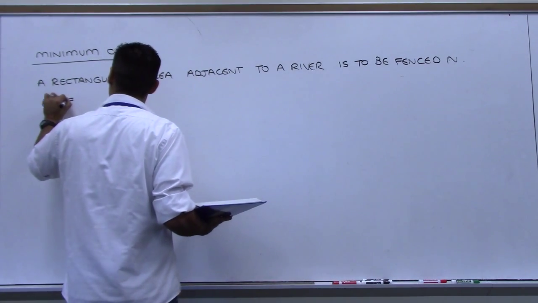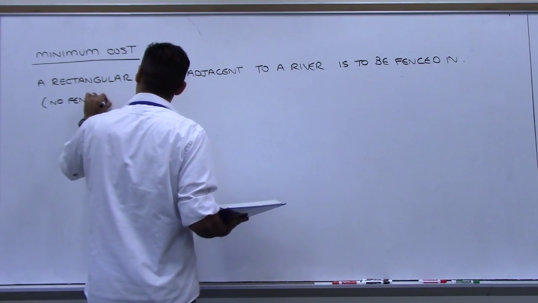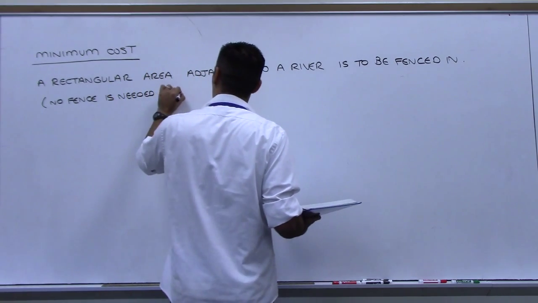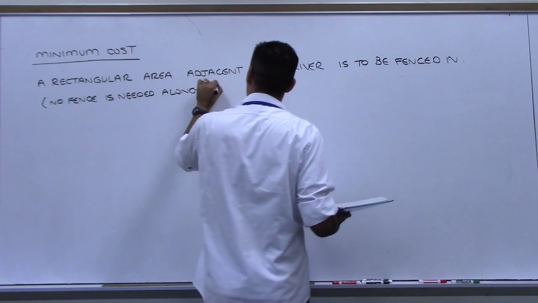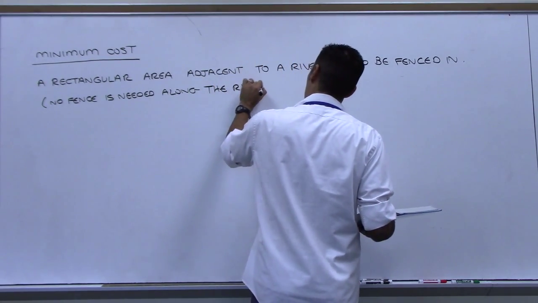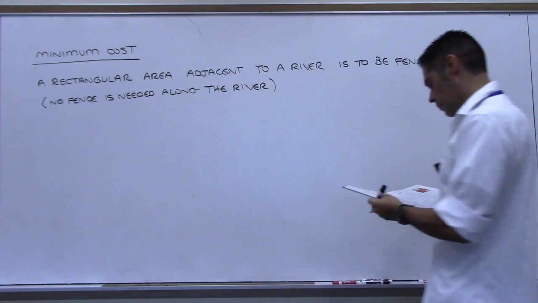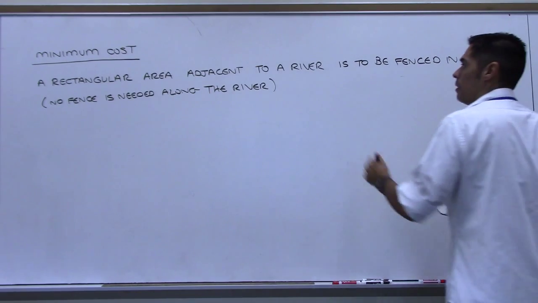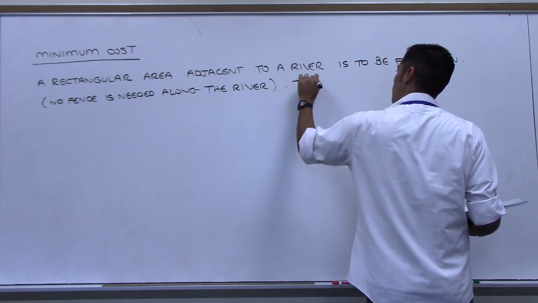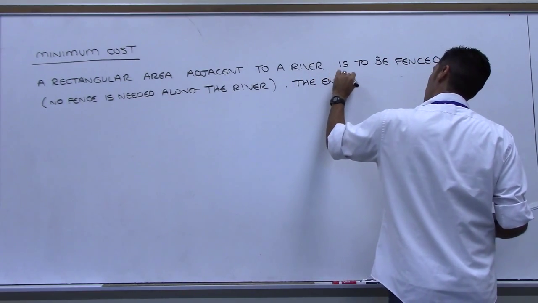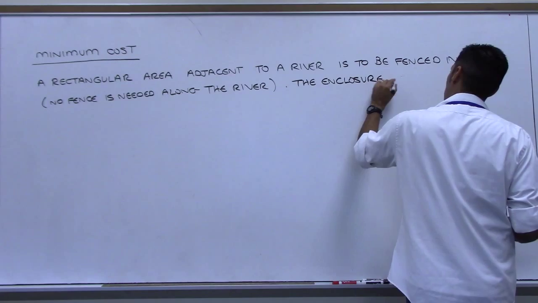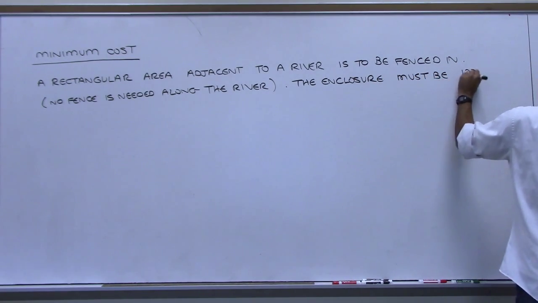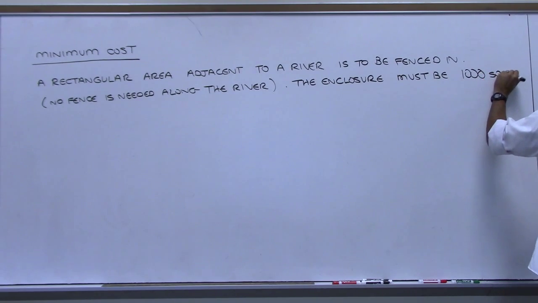No fence is needed along the river. The enclosure must be 1,000 square feet.